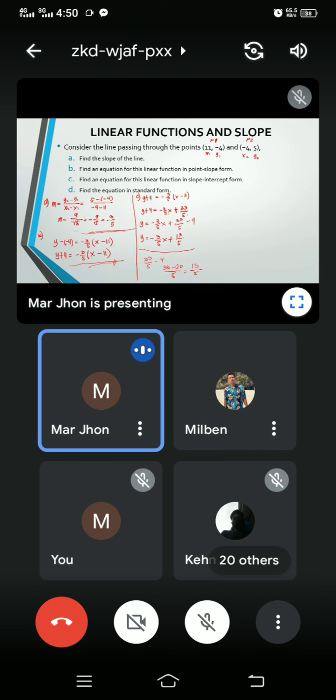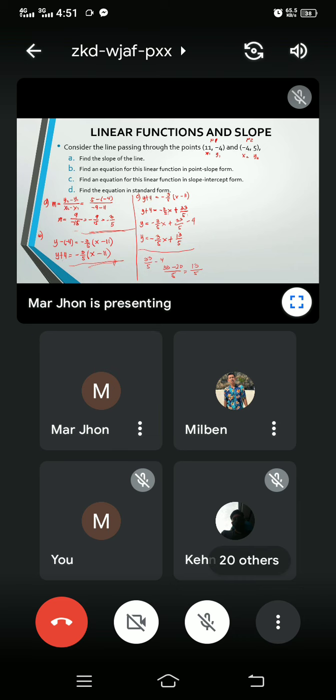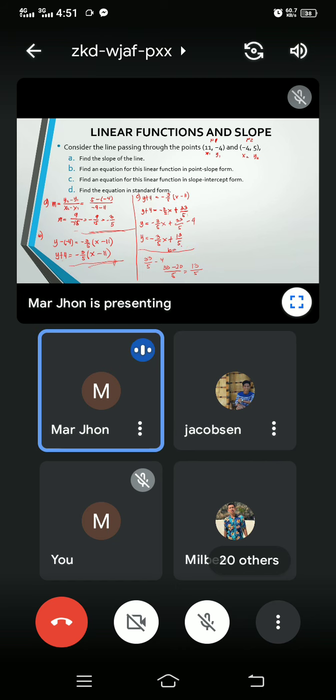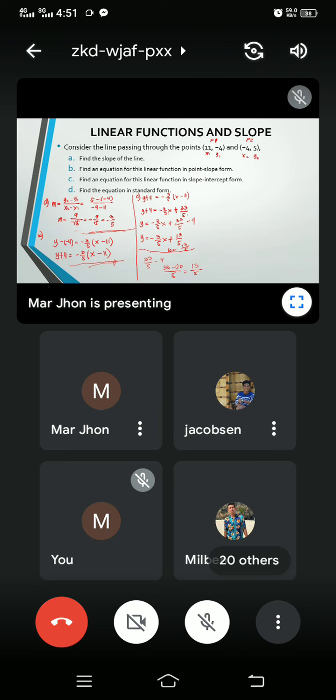So, your B, or your y-intercept, is 13 over 5. Right? Your B is 13 over 5.